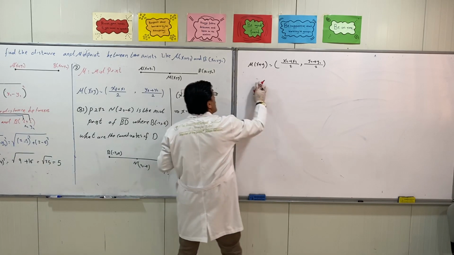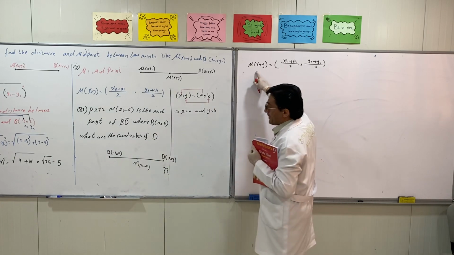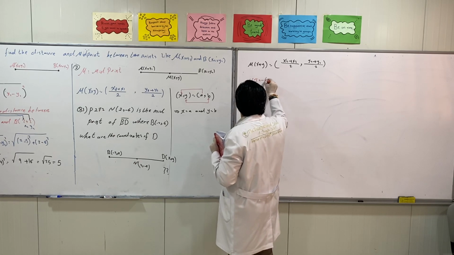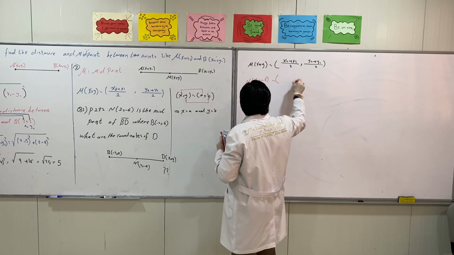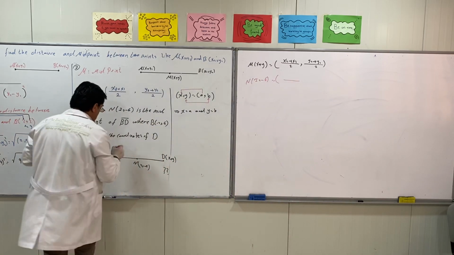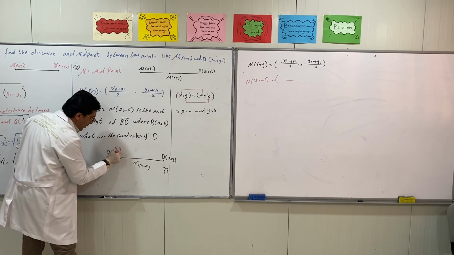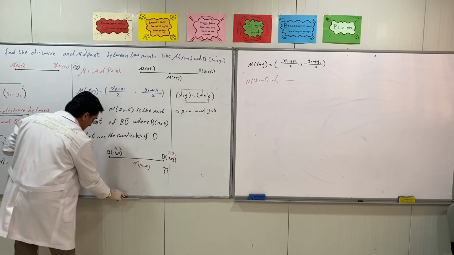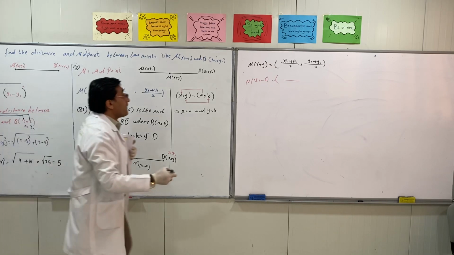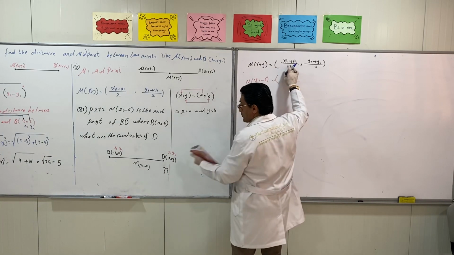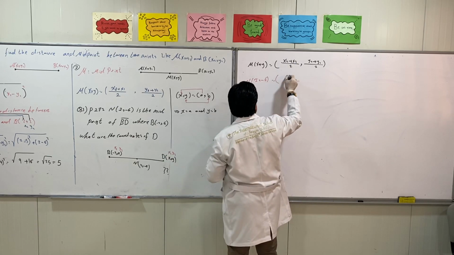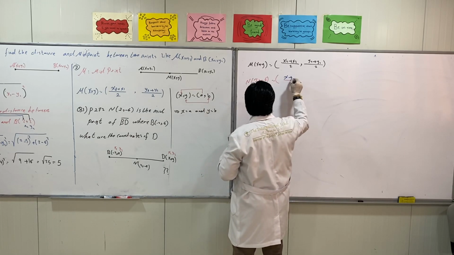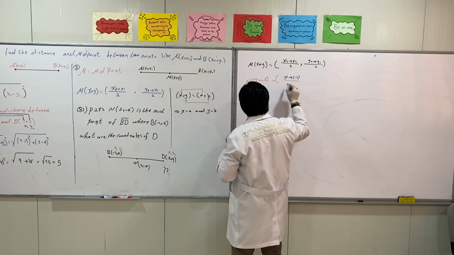Now substitute. M is the midpoint, N equals (2, -6), equal to ((x2 + x1)/2, (y2 + y1)/2). x2 is x, so write x plus x1, and x1 is -2, over 2.